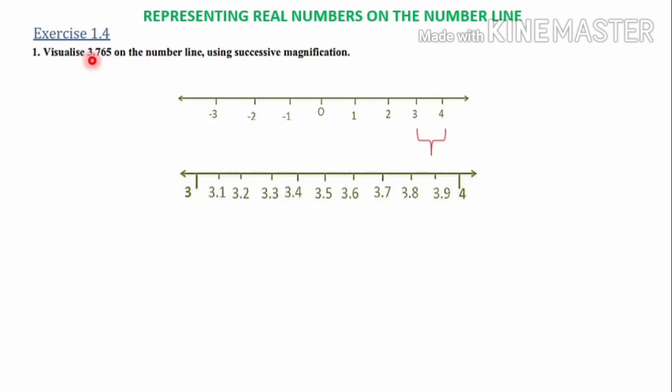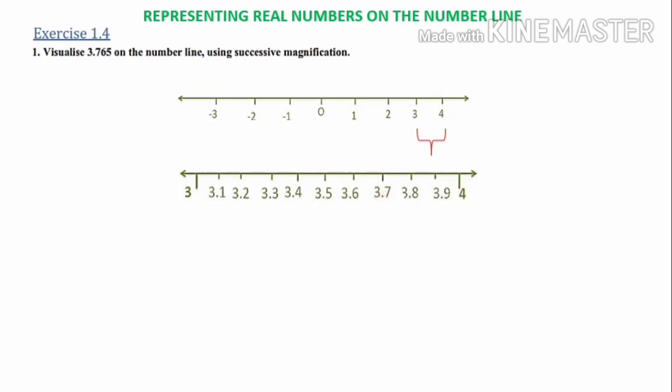Again, we have to locate 3.765. It is quite clear that 3.765 lies between 3.7 and 3.8. Because here 3.7, the starting digit is 7, so surely it will be in between 3.7 and 3.8.